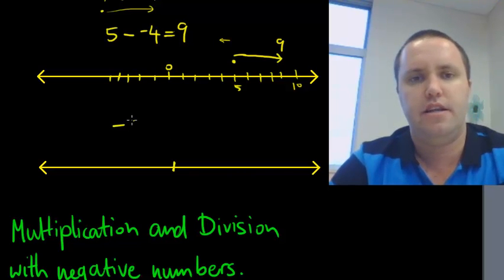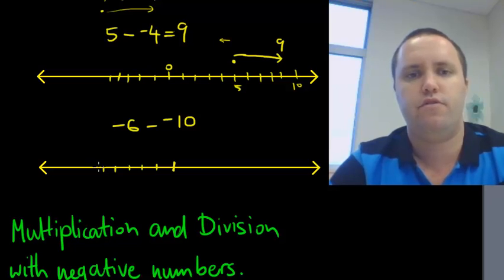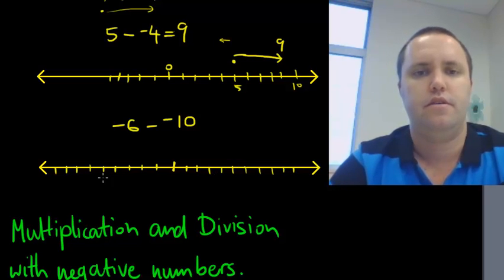Okay? Right, let's have a look at another one. We had negative 6 take negative 10. So this is negative 5 here, positive 5 and 0. So we're at negative 6.